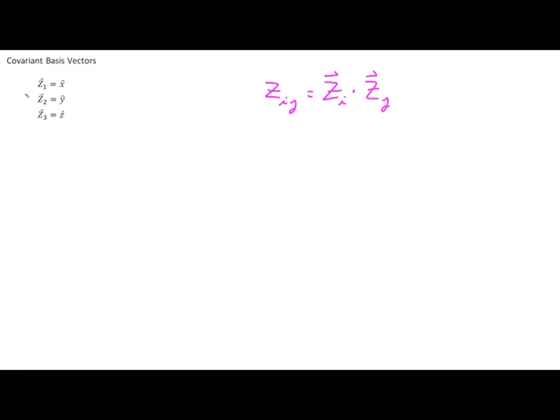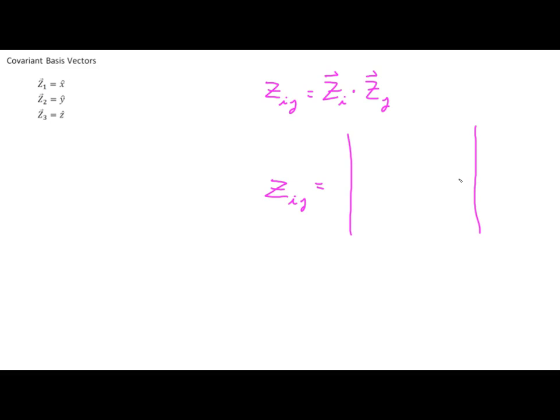Like any other second-rank tensor, it's often easier to see if we represent it as a square matrix. So let's do that. We'll say that Zij is going to be a square matrix. In this case, it's 3 by 3 because we're dealing in 3 dimensions. We'll call the rows I, and J the columns.